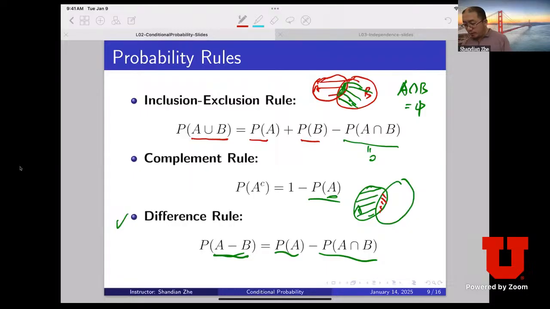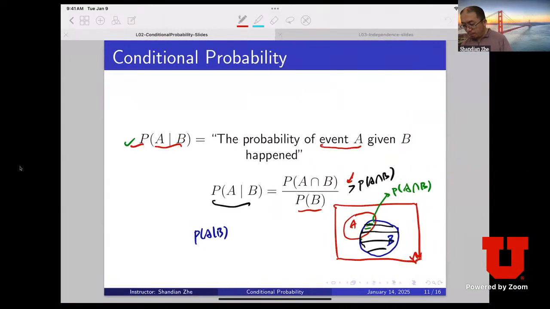Okay, and then we define the so-called conditional probability, right? The reason we introduce this concept is trying to build up the relationship between different events. So we define the probability of event A given event B happens as a ratio.